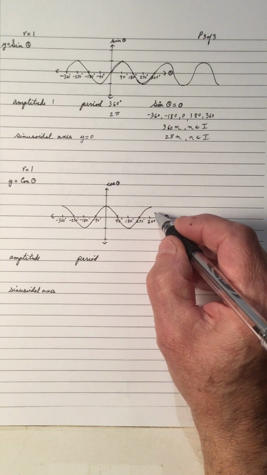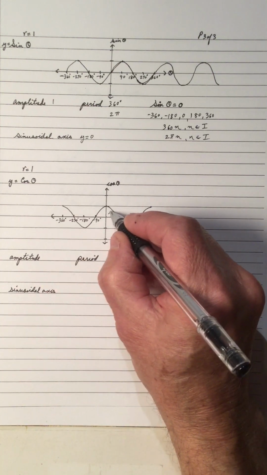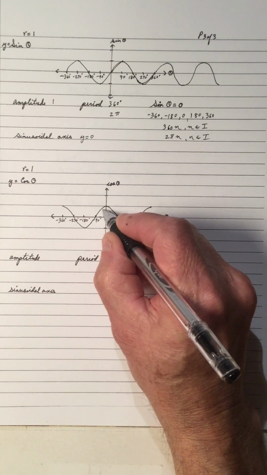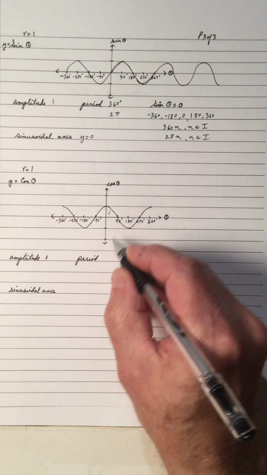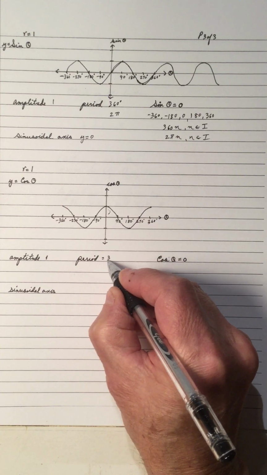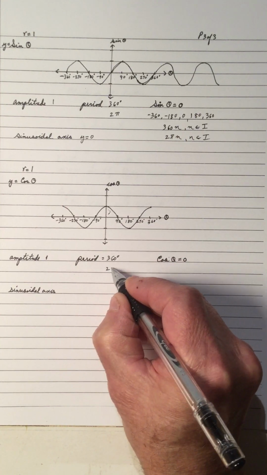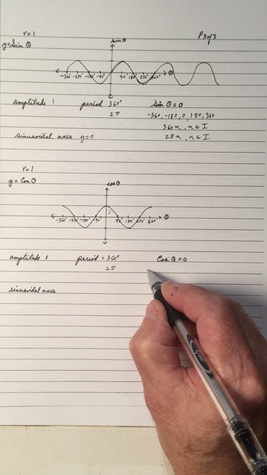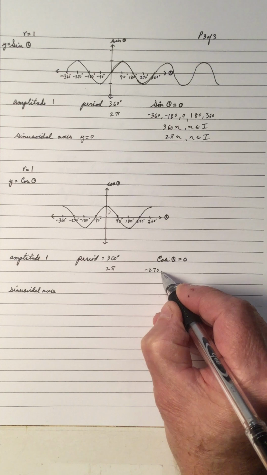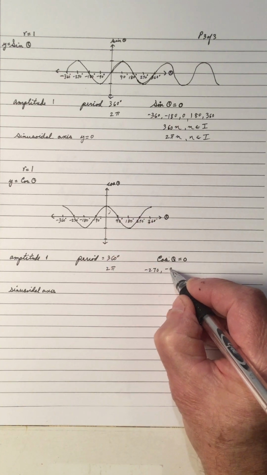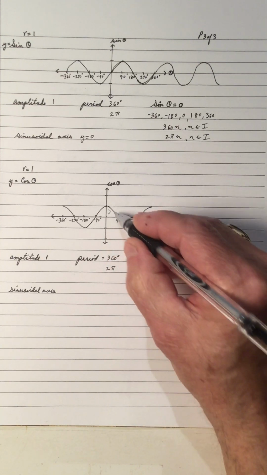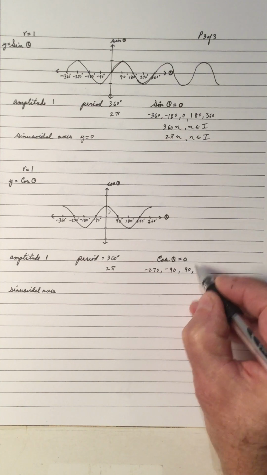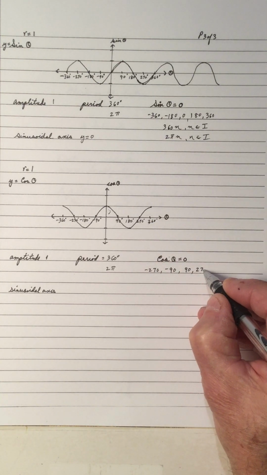Many. And in a cos, the amplitude, the height of the wave above the sinusoidal axis, is 1 on the unit circle. The period is 360, and in radians it's 2 pi. And cos is 0 at negative 270, negative 90, and 90, and 270.